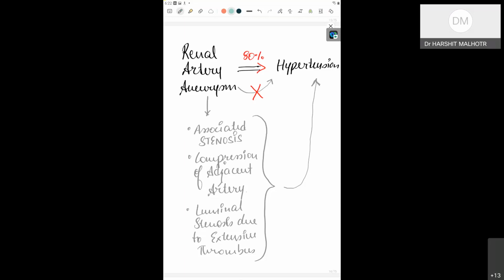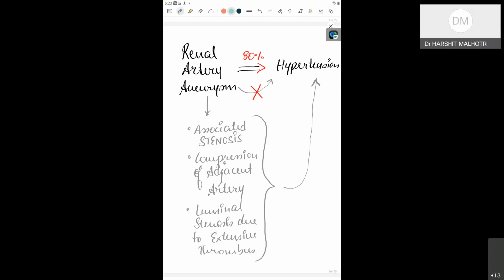Either the aneurysm per se has thrombosed, or there are distal emboli because of the aneurysm, which leads to activation of the renin-angiotensin mechanism, and then there is hypertension. But it cannot be directly attributed to renal artery aneurysms.